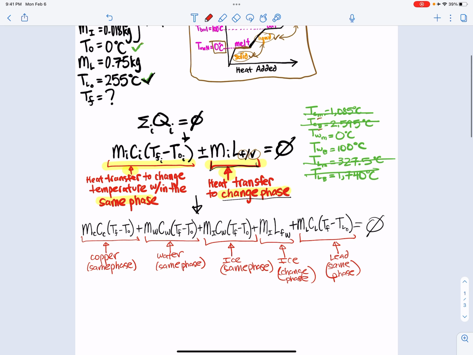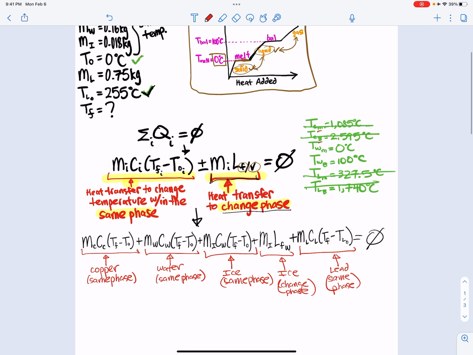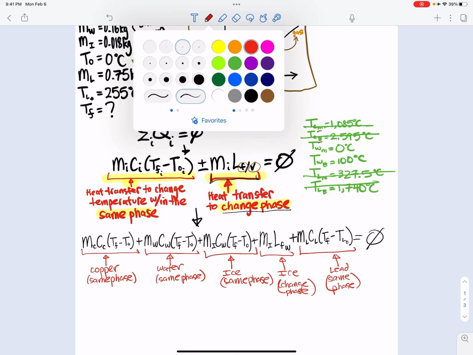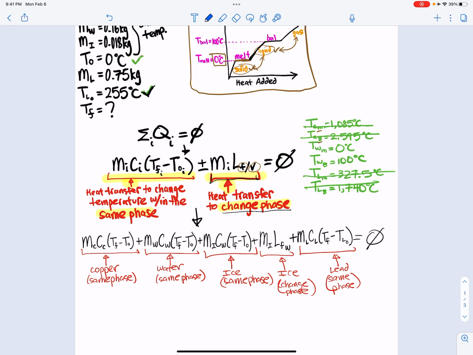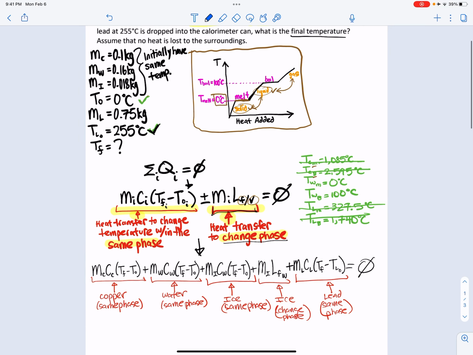Okay. So far, what color should I use? I guess I'll use blue. So far, I know the mass of copper, and we're looking for TF, right? So we want to know TF. We know T naught.